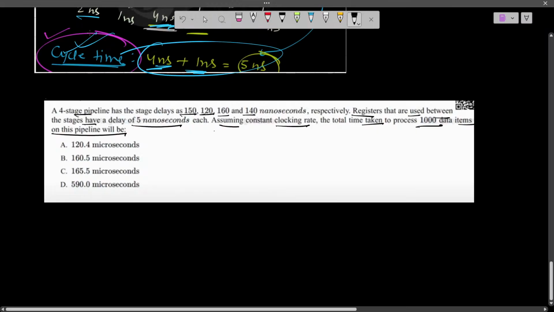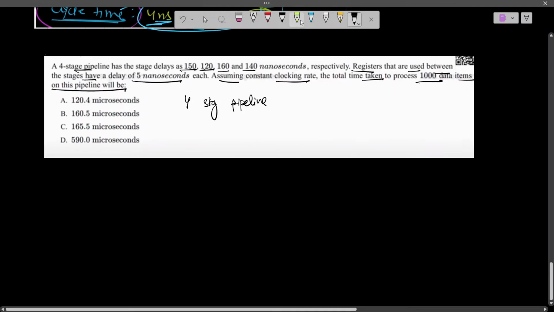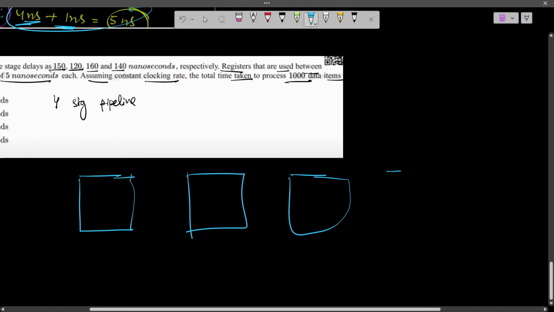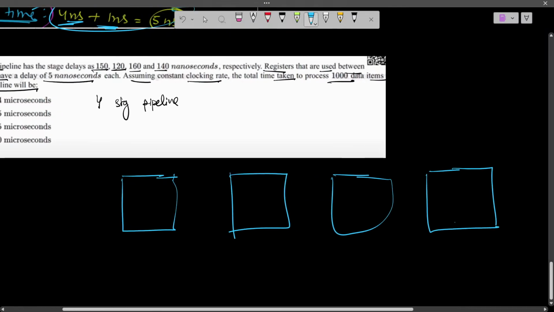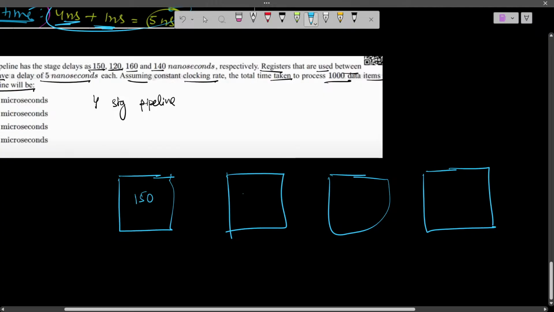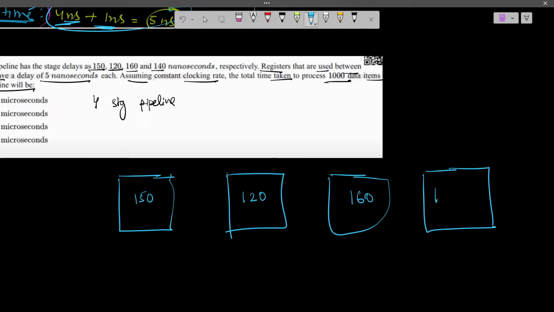Okay. So we have a 4-stage pipeline and we have stage delays of, let's just draw it, 150, 120, 160 and 140.